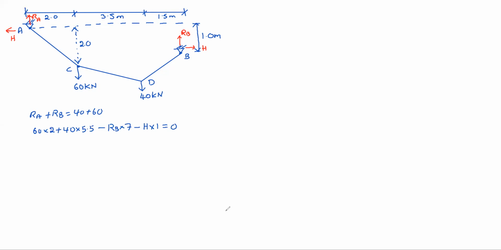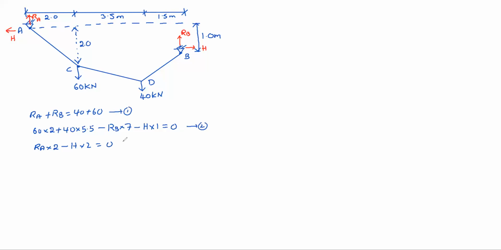So we need one more condition, that is at C bending moment is 0. At C bending moment is 0 means RA into 2 minus H into 2 equal to 0. That means RA equal to H. So we need to solve these three equations.